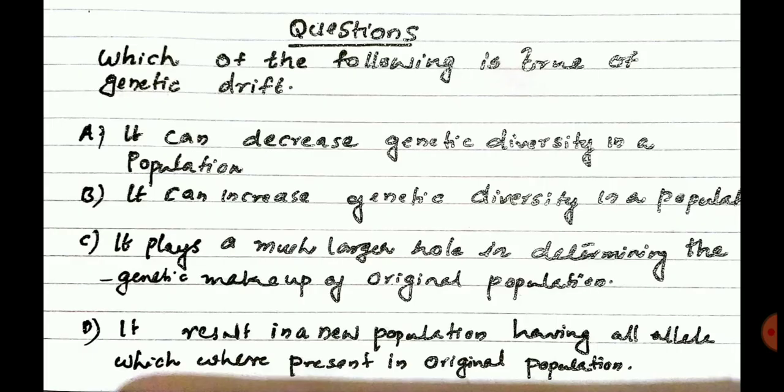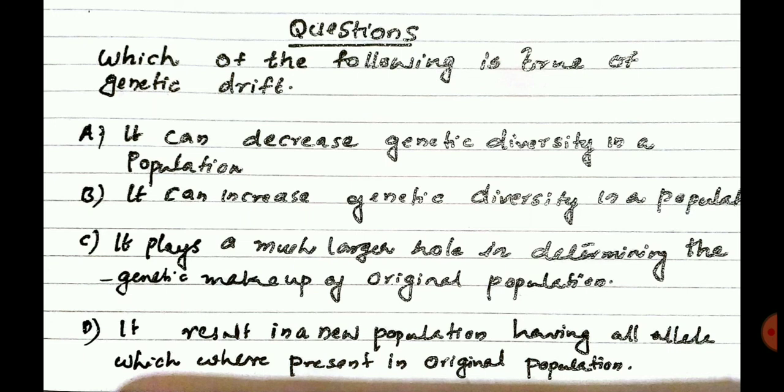Next question: which of the following is true of genetic drift? It can decrease the genetic diversity in a population; it can increase the genetic diversity in a population; it plays a much larger role in determining the genetic makeup of the original population; it results in a new population having all alleles which were present in the original population.